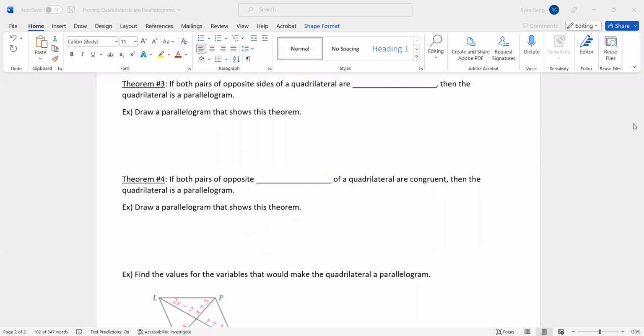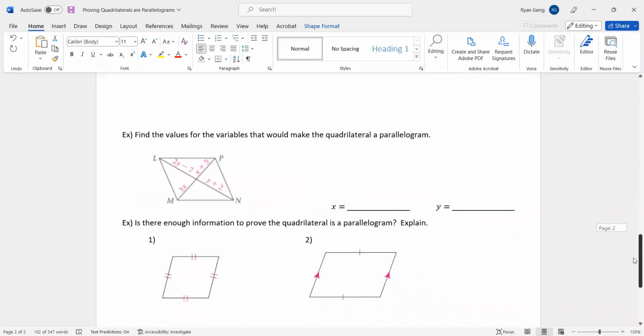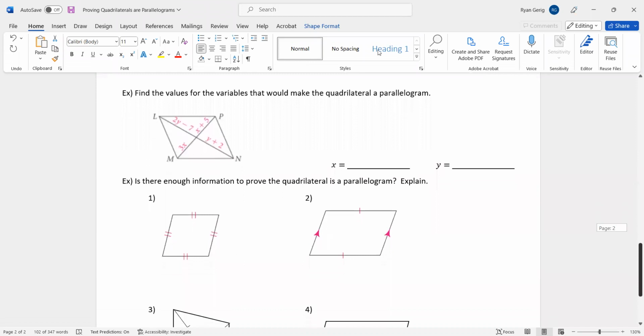Okay. The next example, actually, we've kind of done this already, where what values of x and y would make this a parallelogram? Well, to make it a parallelogram, I need the diagonals to bisect. So that means 2y minus 7 has to equal y plus 2. And you should get y equals 9 here. Oops, that's y.